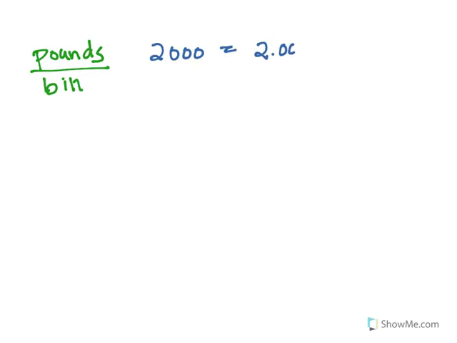So we want to know how many pounds each bill weighs. So we have to put pounds on top. So we know we have 2,000 pounds, or in scientific notation, 2.000 times 10 to the 3rd pounds. And we're going to divide that by the number of bills we have, which in scientific notation is 9.08 times 10 to the 5th bills.